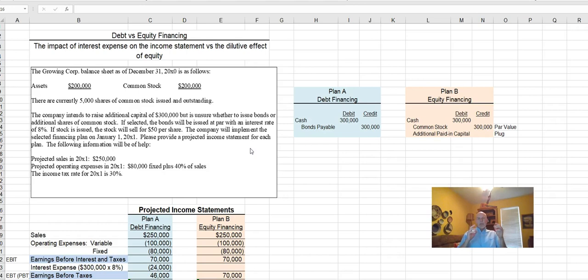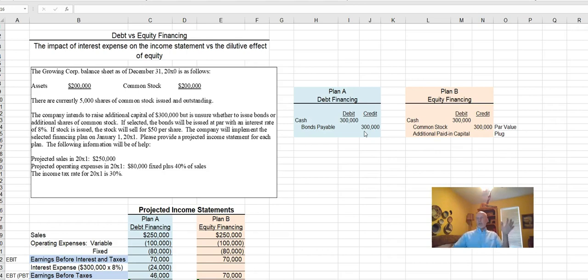And one thing that seems to give students trouble is that sometimes we get mixed up on what we're talking about. Under Plan A, we're talking about borrowing money. So on January the 1st, if we go with that, we're going to debit cash and credit bonds payable for $300,000. So remember, this is a borrowing transaction. Under Plan B, we're talking about issuing stock.